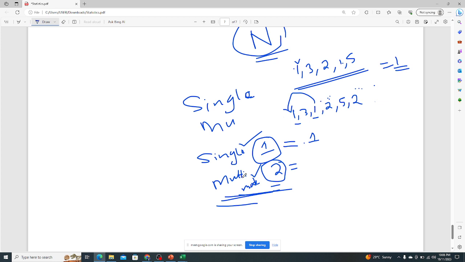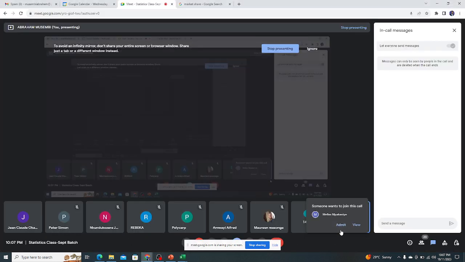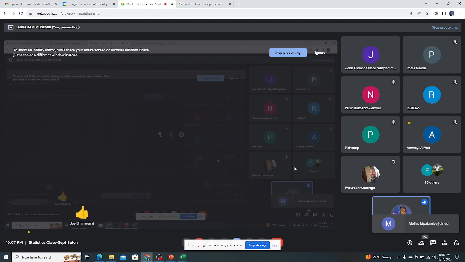Then if you are asked about multiple mod, it will be 1 and 2. We shall see that in our example. Is that clear?